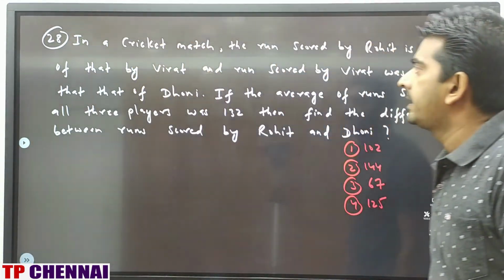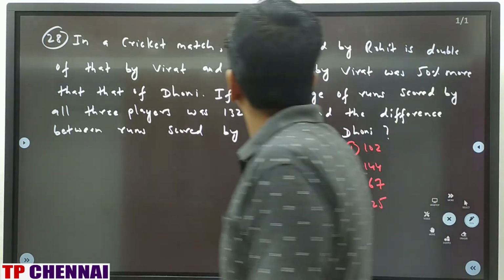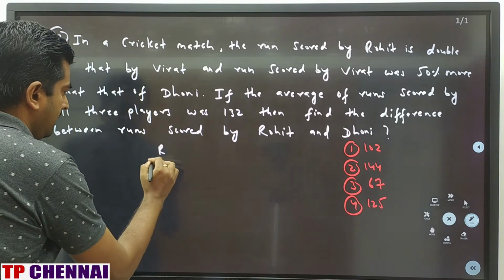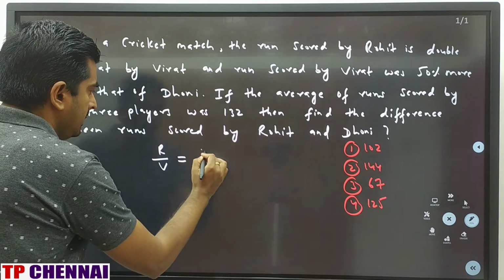In a cricket match, the runs scored by Rohit is double of that by Virat, and runs scored by Virat was 50% more than that of Dhoni. If the average of the runs scored by all the three players was 132, then find the difference between the runs scored by Rohit and Dhoni. Right? So first they are comparing Rohit with Virat. Rohit is double. If Virat is 1, Rohit is 2.